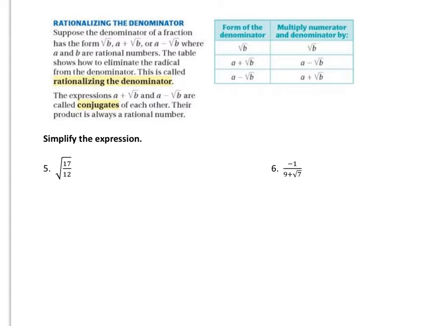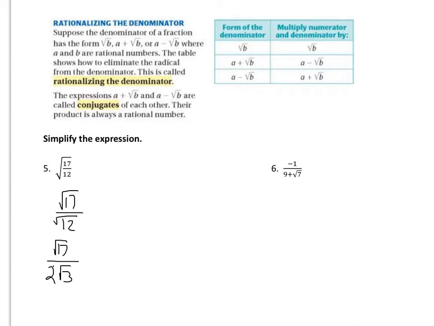It says simplify the expression. Okay, so first step, I would do this. Square root of 17 over square root of 12, and that'd be square root of 17 over 2 times the square root of 3, because I can simplify square root of 12 to 2 square root of 3.